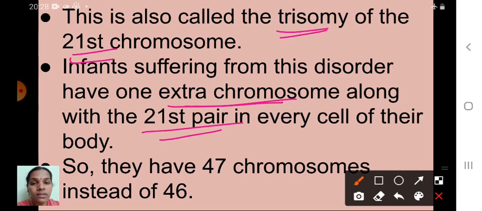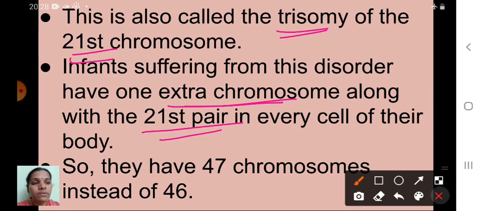Those affected by Down syndrome have 47 chromosomes in each and every cell instead of 46. Where is the 1 extra chromosome? Yes, the 21st pair. So they have 47 chromosomes instead of 46.